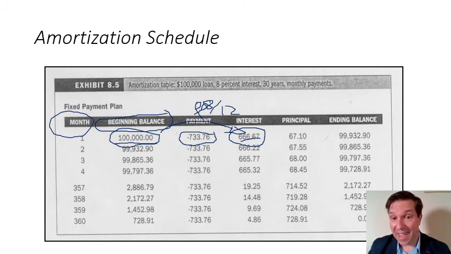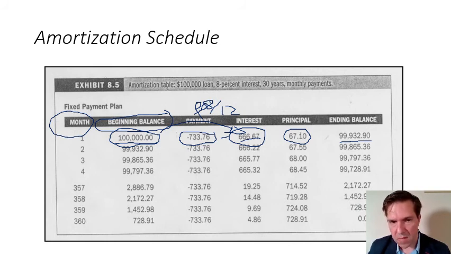Okay, and then we have the principal, which is easily computed after you have the previous 2 columns, is the difference between the payment and the interest. When you subtract from 733, 666, you get $67, like you have right here. And now you're going to have your ending balance, which is going to be the difference between the column of the beginning balance and the principal that you pay.